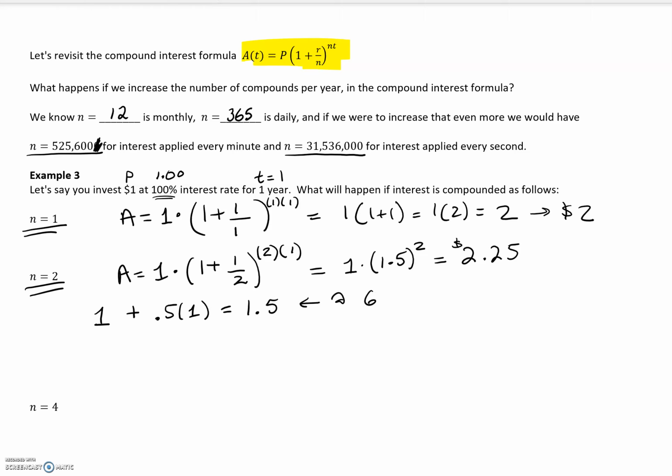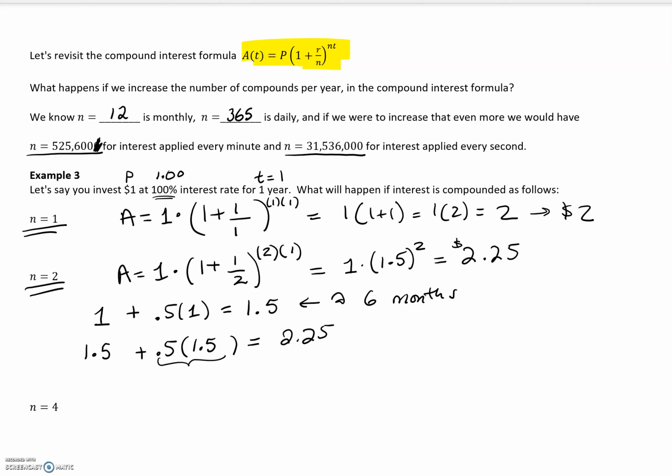So at the end of 6 months, you'll have 1.5, and then your 1.5 will grow again by another 50% because you're doing the 100% twice a year. So the 1.5 that you had made is going to gain another 50% of itself, and that's going to end up giving you 2.25. Same thing that you would get if you just punched it into the compound interest formula.